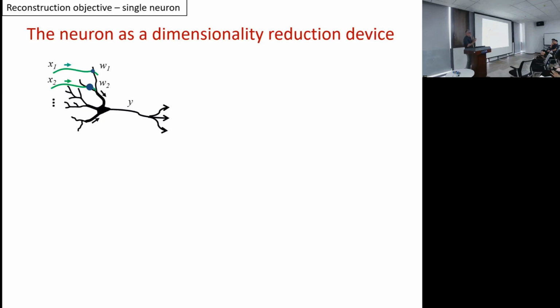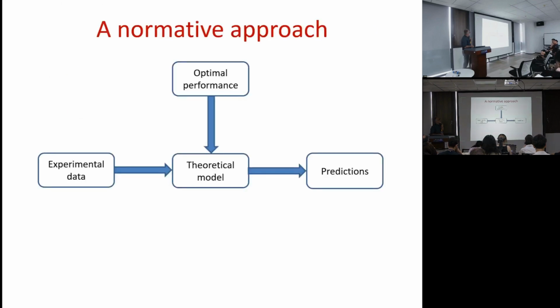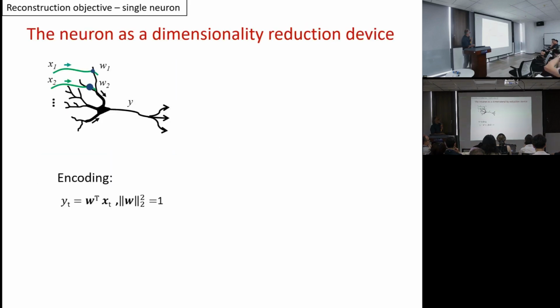We will not worry about spike timing in this talk, so just think about graded neurons or firing rate neurons. So that high-dimensional vector is projected into one number. That's dimensionality reduction.